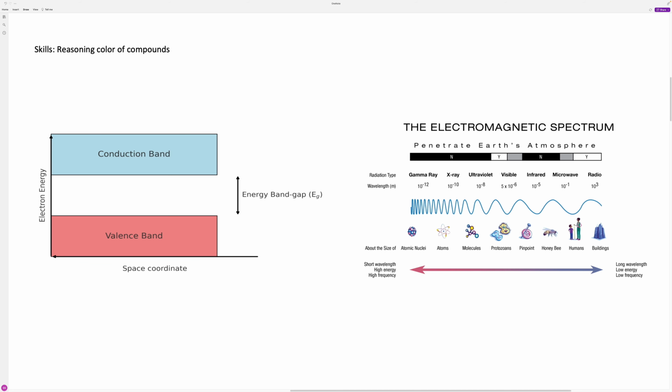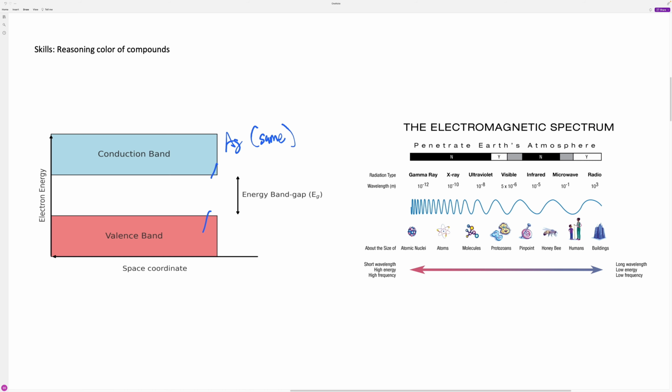So the band gap is the gap between the conduction band and the valence band of a substance. And if you don't know what those are, essentially the conduction band is reliant on the cation in a substance. So in this case that's going to be Ag, and it's going to be the same for both substances since they both have silver as the cation.